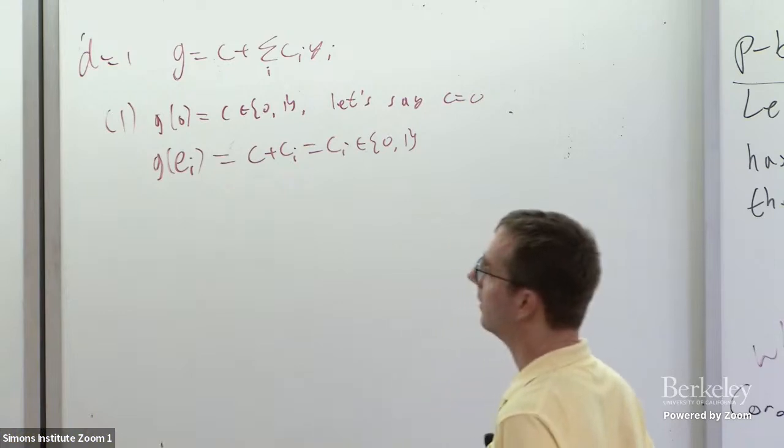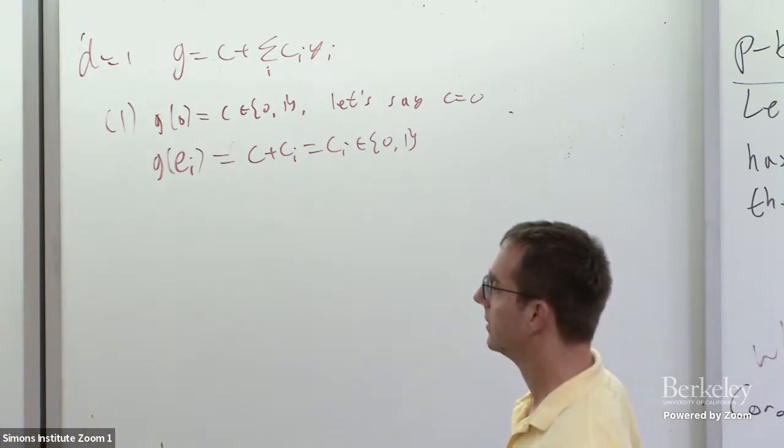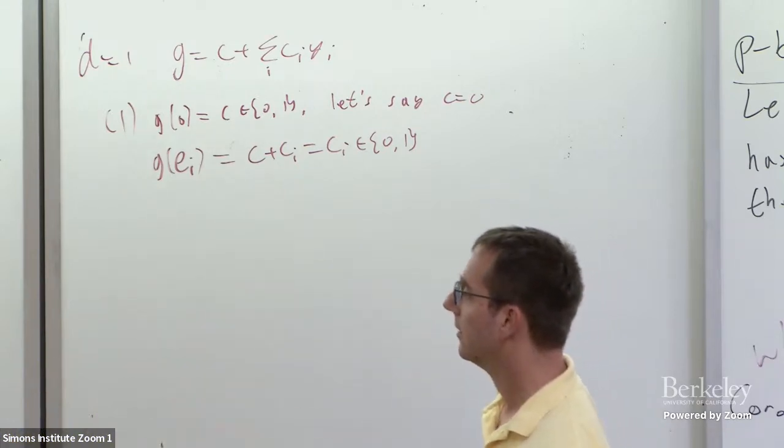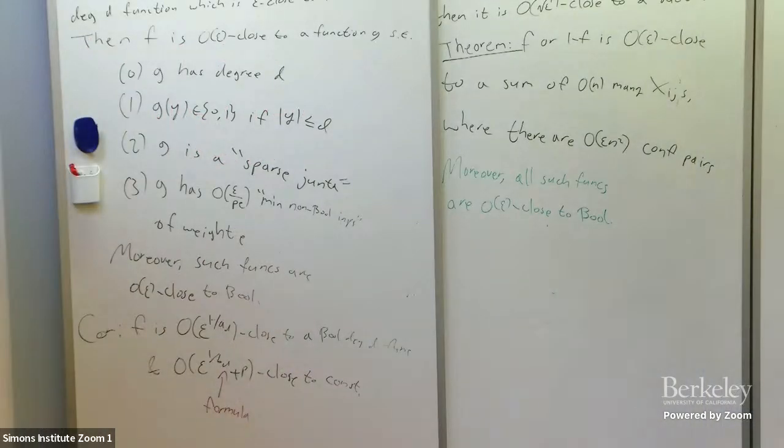Okay. Now, what is this? Let's do 3 first. So a minimal non-Boolean input is just an input where the function is not Boolean for this input, but if you replace a 1 by 0, then it is Boolean.